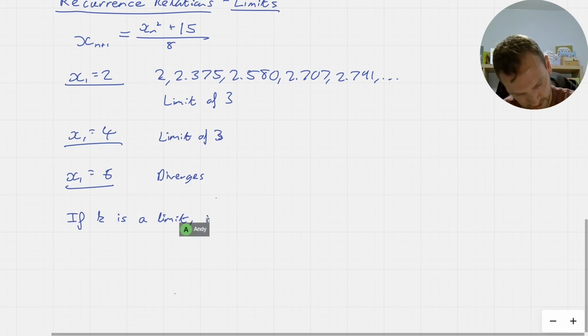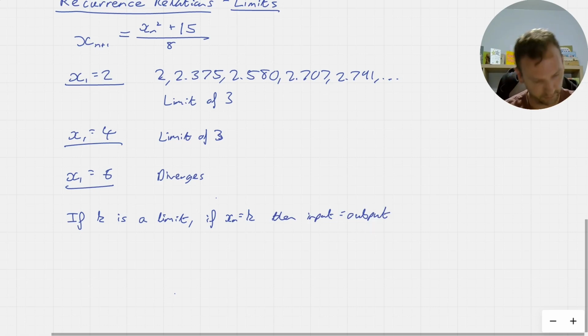So what I'm saying there is if xn is equal to k, then our input is equal to our output, because we can't reach our limit and then go back off it. And this is a fancy way of saying if xn equals k, we're going to get xn plus 1 equal to k in any case where k is a limit.